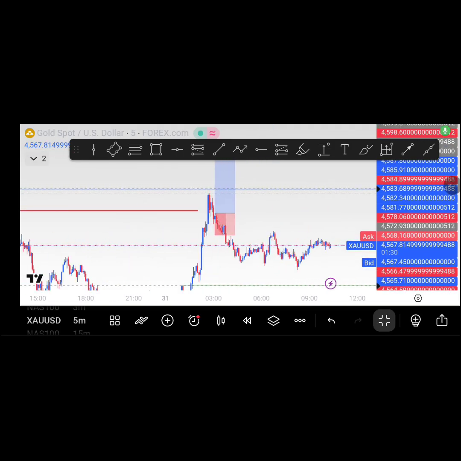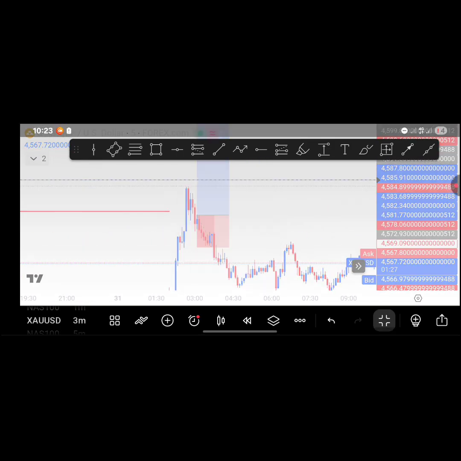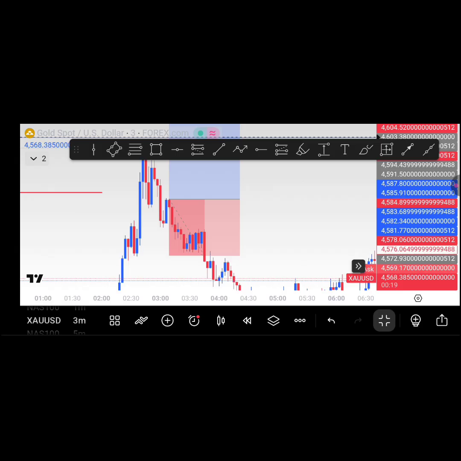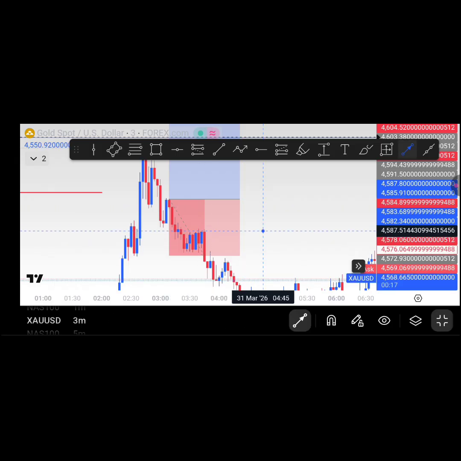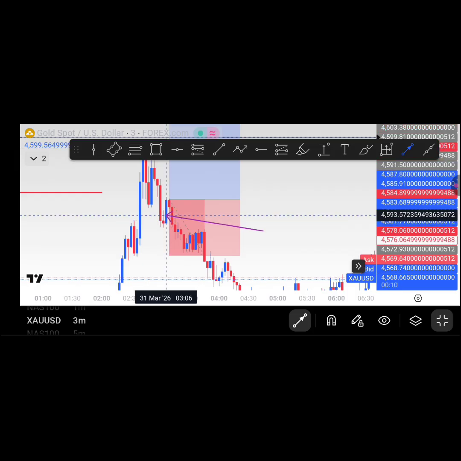Anyhow, this is it. It lost. It didn't go in profit. I entered with a bullish engulfing on the 3-minute time frame. That's it, this bullish engulfing right here. You can see it, this small red candle, then this huge big candle as I entered.